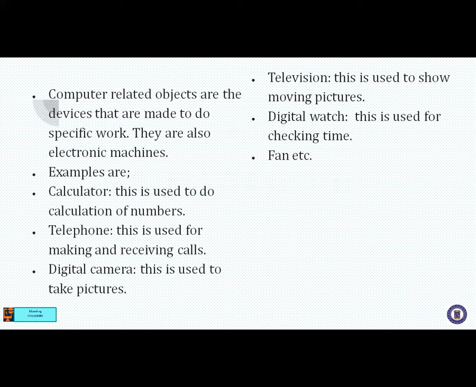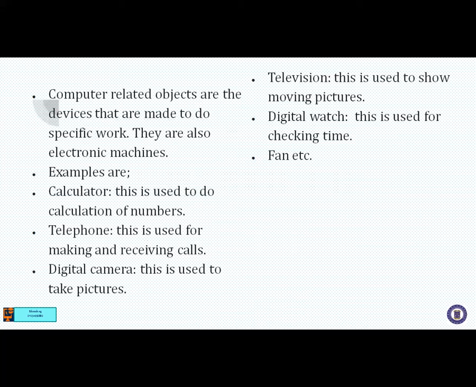Now, what are these computer-related objects? Computer-related objects are those objects that work like a computer. How does the computer work? Last week, we talked about the computer system.